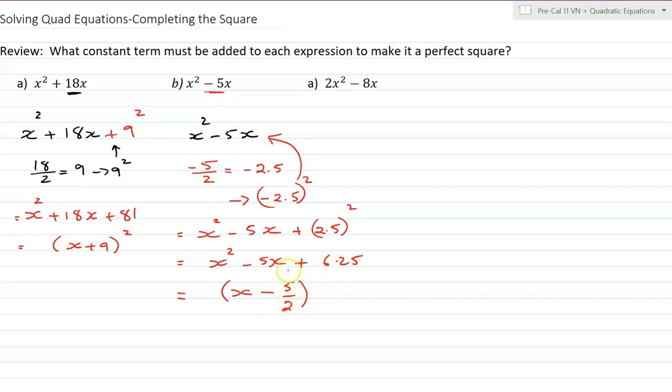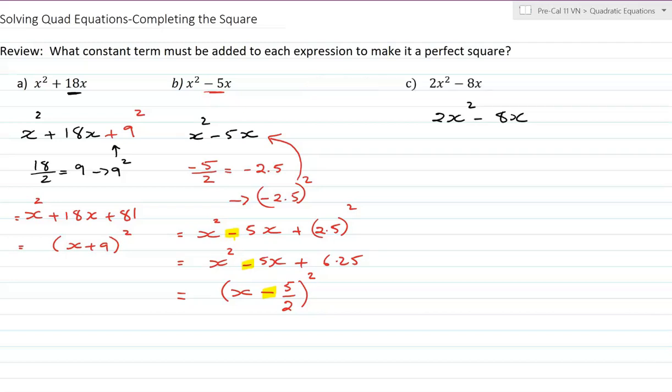Or you can actually use the middle term divided by 2 and put it in there. All right, whichever you decide, and then to the power of 2. Now, why is this negative? Because the coefficient of the linear term was negative, and that's why the middle term is negative. Okay, excellent. That's it. Let's do the last piece.